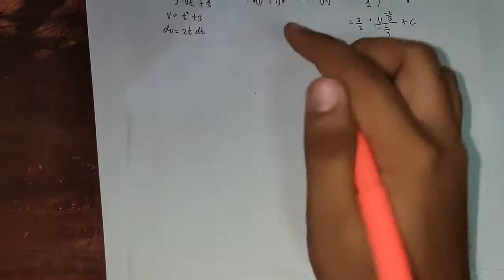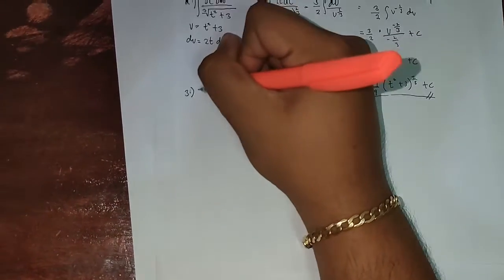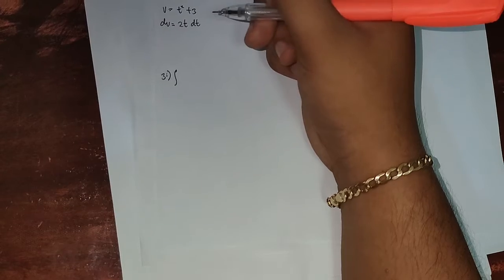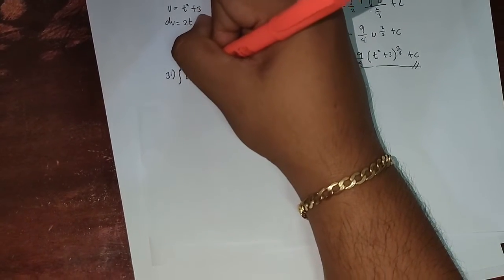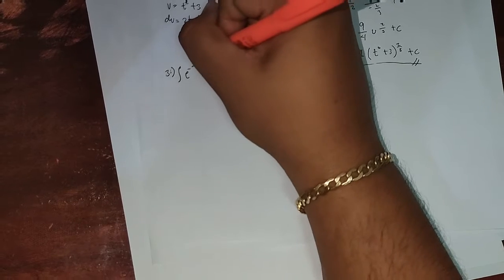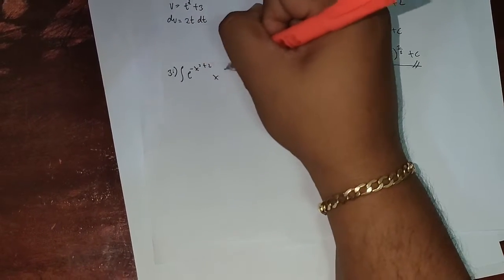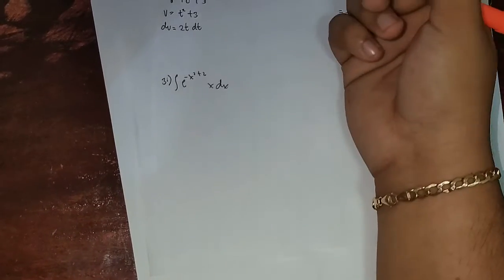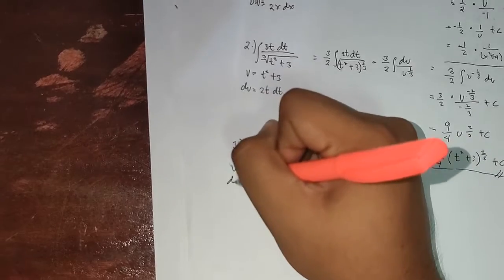And here is our last example, number 3. The example is the integral of e raised to negative x squared plus 2, times x dx.